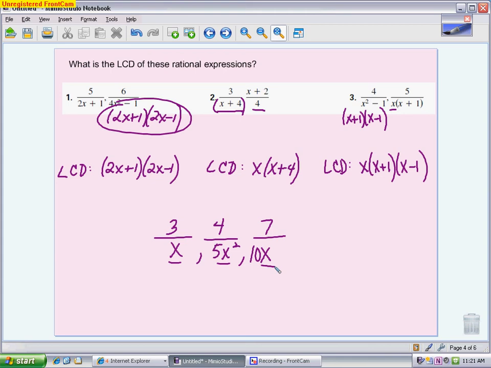So we have x squared as the highest power. So the LCD between these three fractions would be an x squared. And then you're going to look at your numbers. The least common denominator with a 5 and a 10 would be 10. So your least common denominator would be a 10x squared. So if you have a factor that repeats, what you want to do is use the highest power of that factor in any of the fractions that you're looking at.